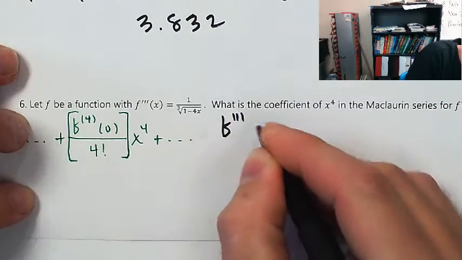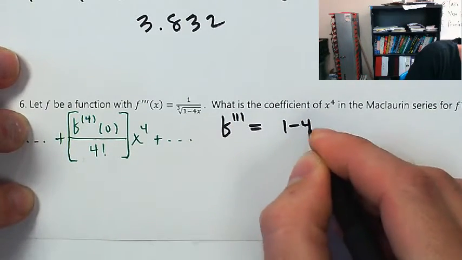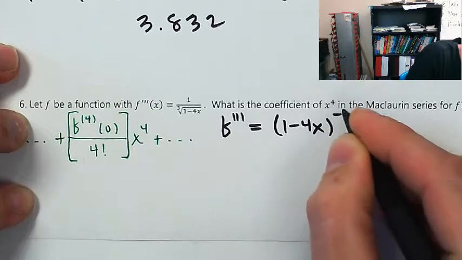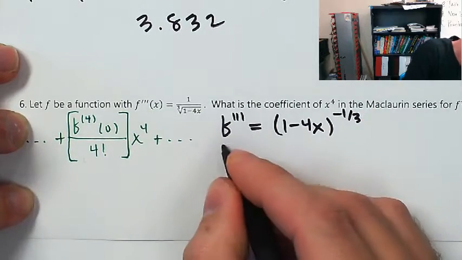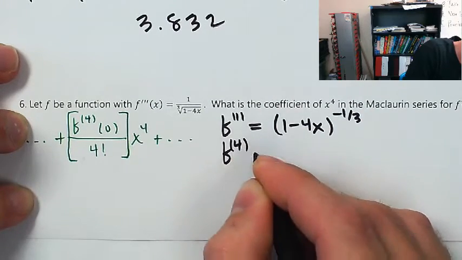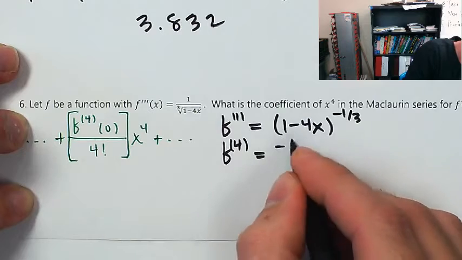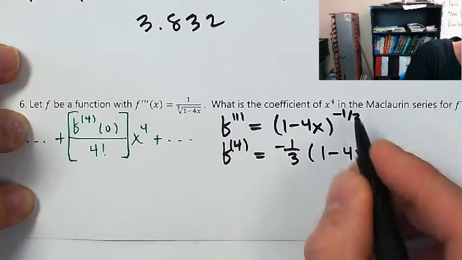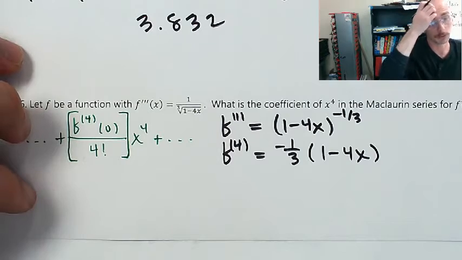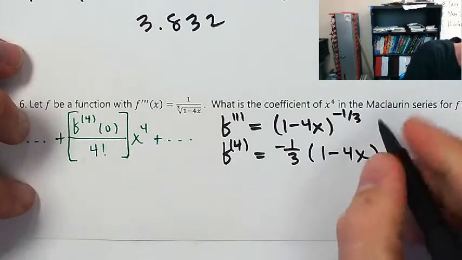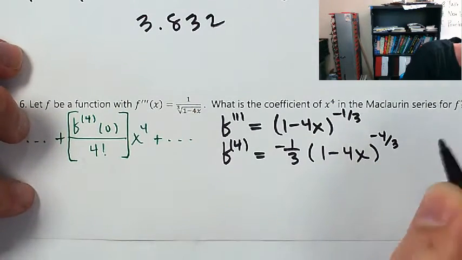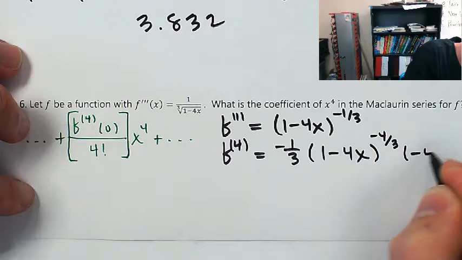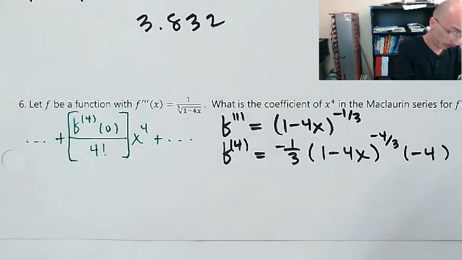Okay, so I'm going to say f triple prime equals 1 minus 4x to the negative 1/3 power, meaning f's fourth derivative is going to be negative 1/3 times 1 minus 4x to the, okay, if I subtract 1, I'll have negative 4/3. And then we will multiply by negative 4 for the chain rule.